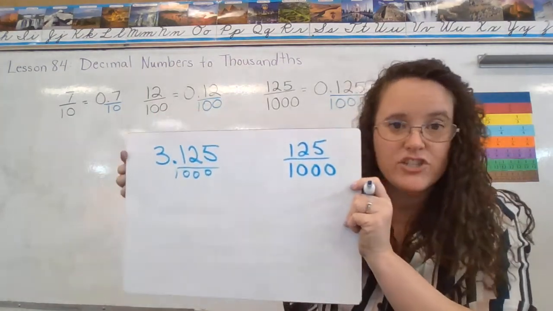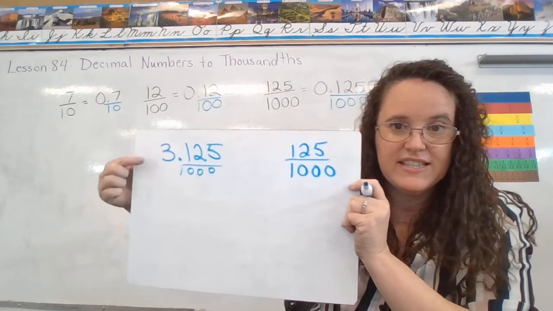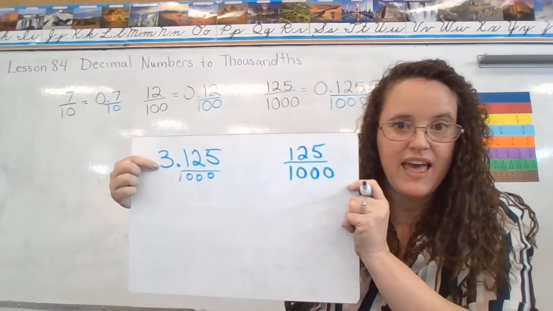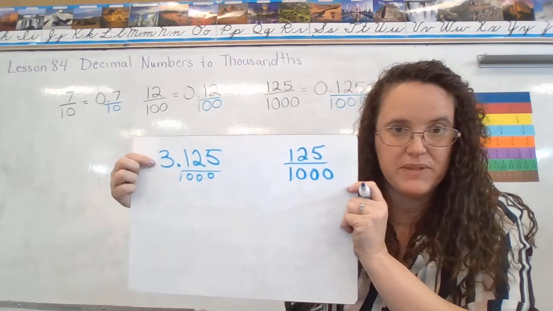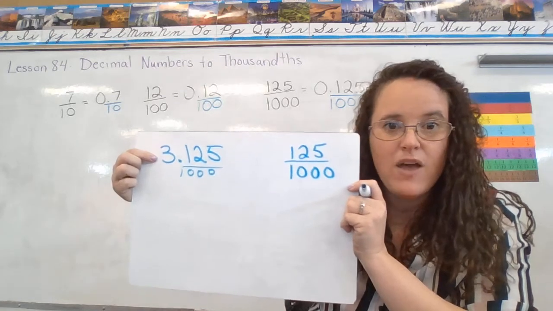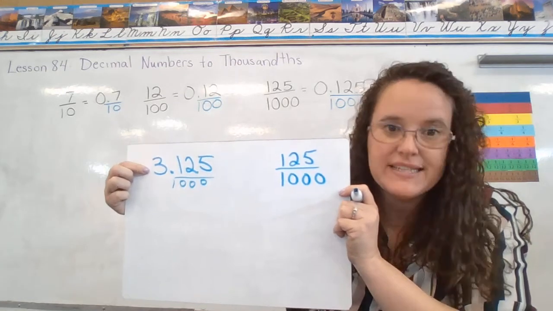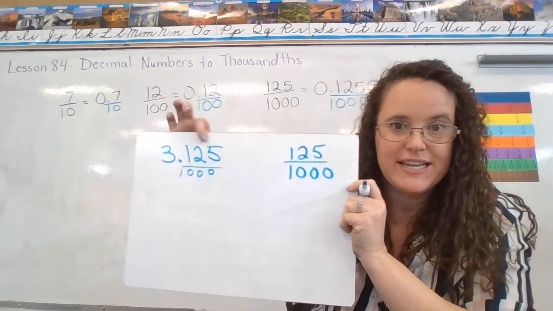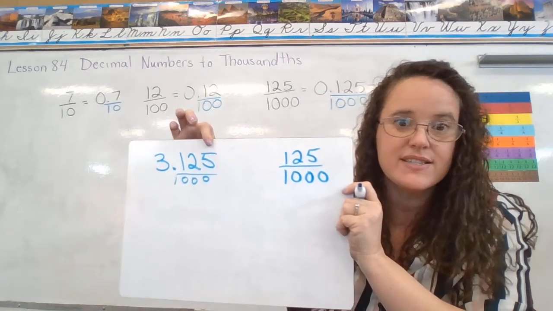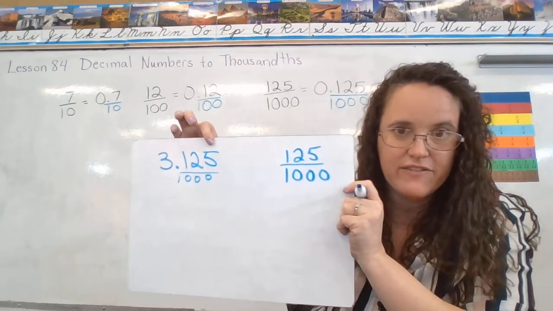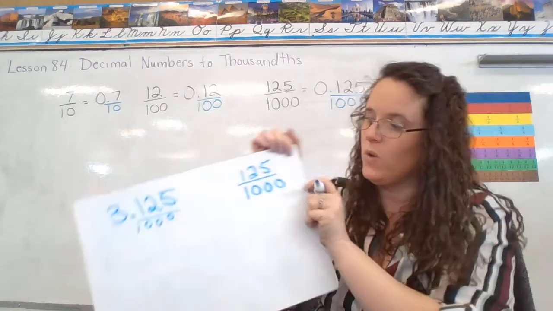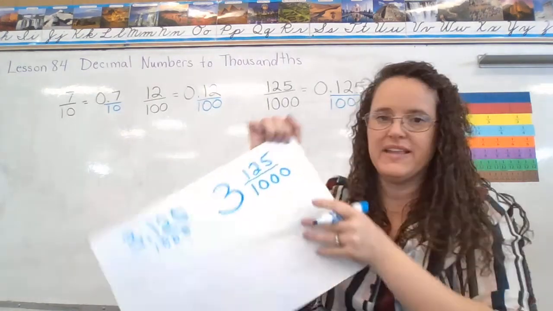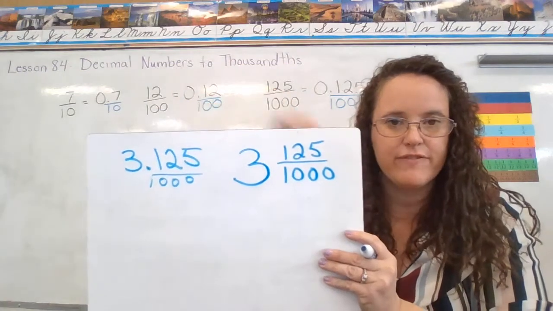However, this is not just 125 thousandths. This has that 3 in the ones place. That is a whole number. It's not a piece of a number. We've got the whole thing versus decimals over here and fractions. Those are just pieces of the whole. So my whole number, you know how to write that. We write it really big in front of the fraction.